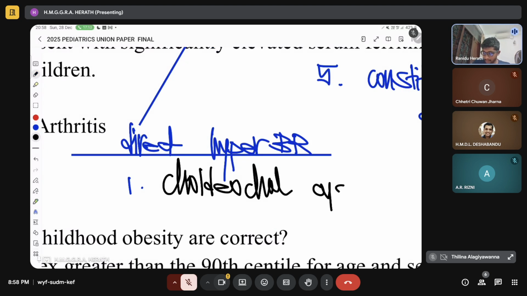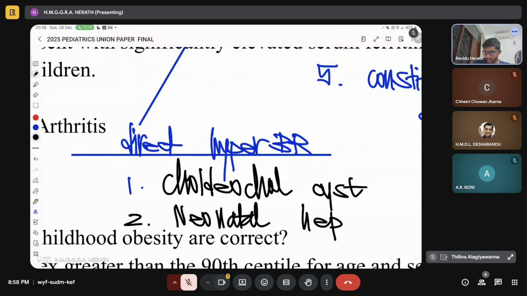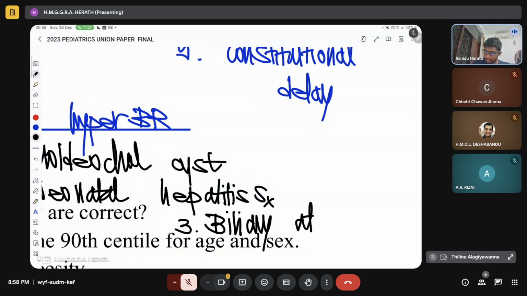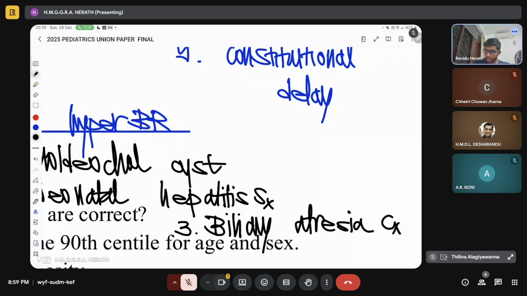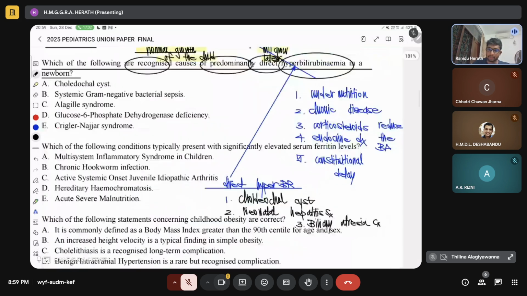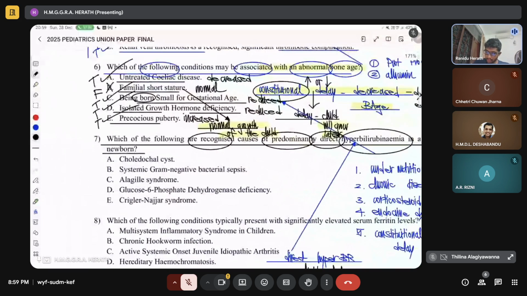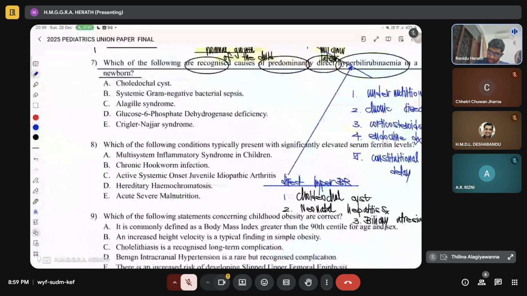And the second one is neonatal hepatitis syndrome. And I also mentioned that biliary atresia also leads to direct hyperbilirubinemia in children. These are the three definitive conditions. Choledochal cyst and biliary atresia are surgical conditions, while neonatal hepatitis syndrome is a medical condition which leads to direct hyperbilirubinemia in the newborn, right? So with these three things in mind, we'll go into the answers.